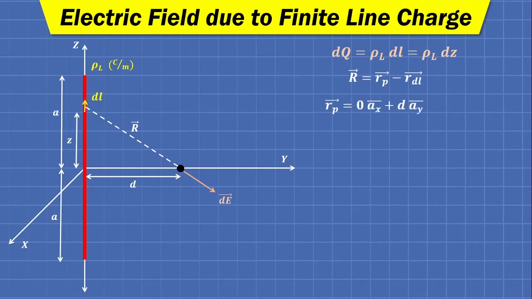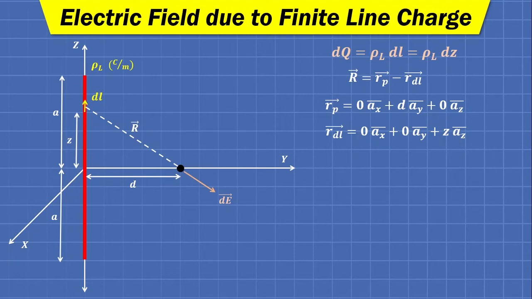So rp bar can be written as 0 ax bar plus d ay bar plus 0 az bar. As you can see, the point P is on the y-axis, which is why its x and z coordinates will be 0, and the y coordinate will be the distance of point P from the origin. With the same logic, we can also write rdl bar equals 0 ax bar plus 0 ay bar plus z az bar.